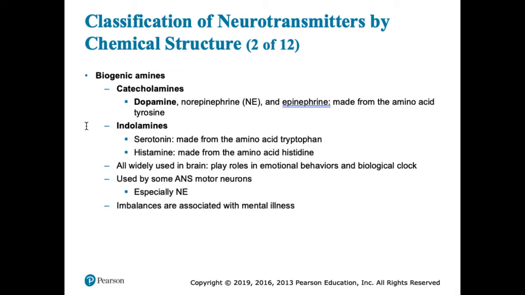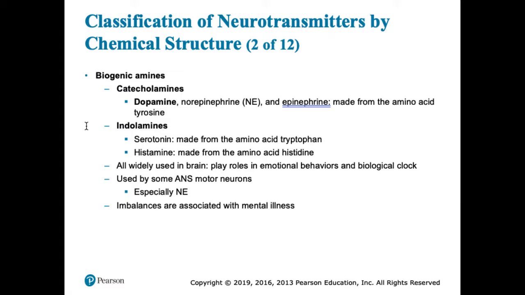We also have the catecholamines. Dopamine is an example, norepinephrine, and epinephrine, which are made from the amino acid tyrosine. There are also the indolamines, things like serotonin, which is made from the amino acid tryptophan, and histamine, which is made from the amino acid histidine. All are widely used in the brain.